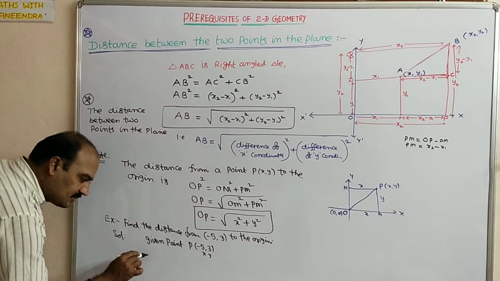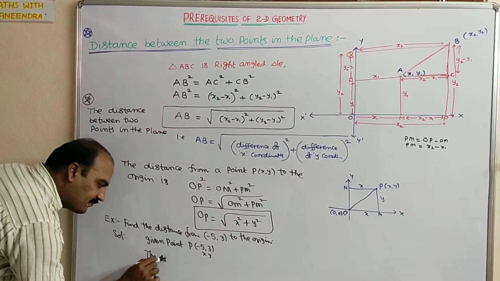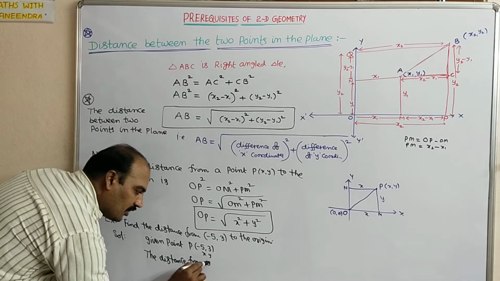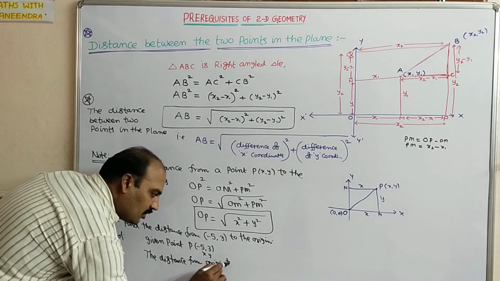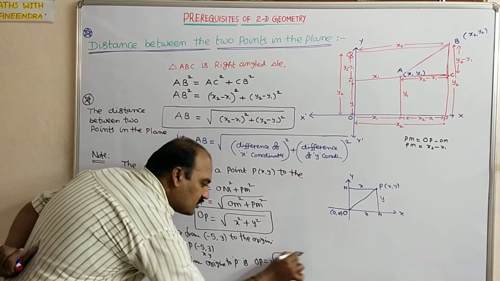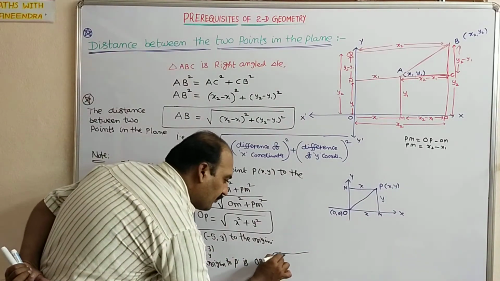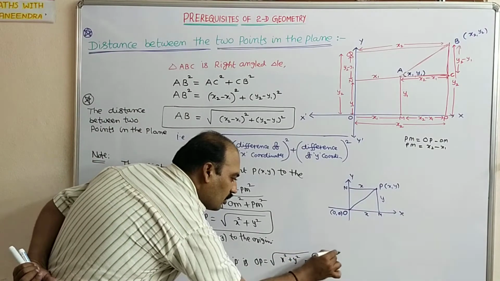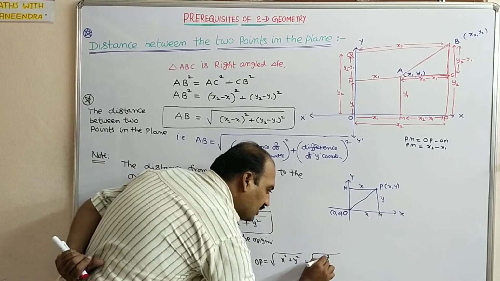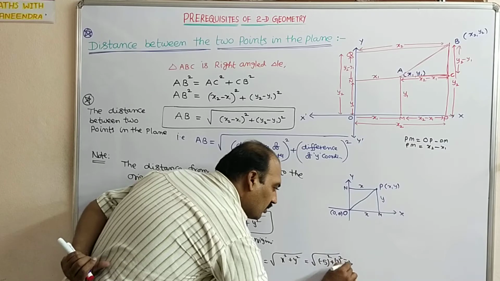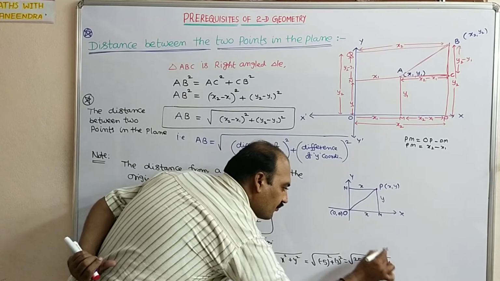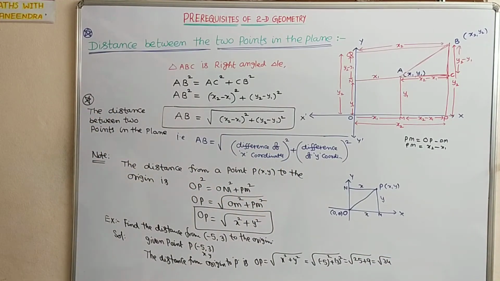So the distance from origin to P is OP equal to square root of x square plus y square, which is also equal to root of minus 5 whole square plus 3 square. I will write step by step: root of 25 plus 9, which is equal to root 34. This is the way you can apply.